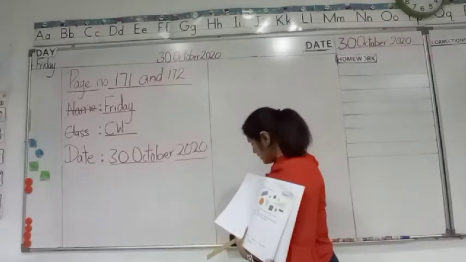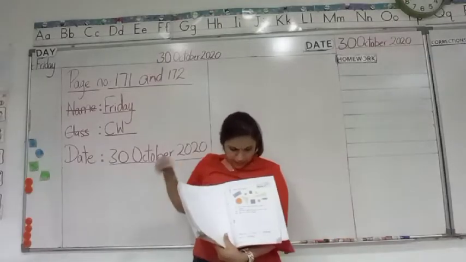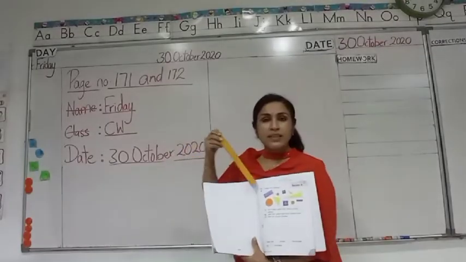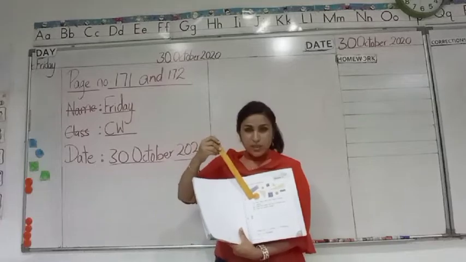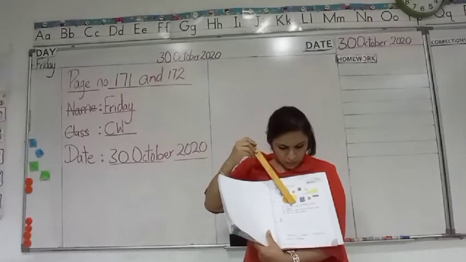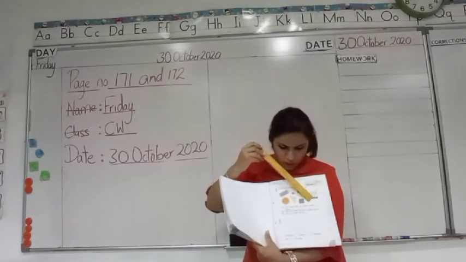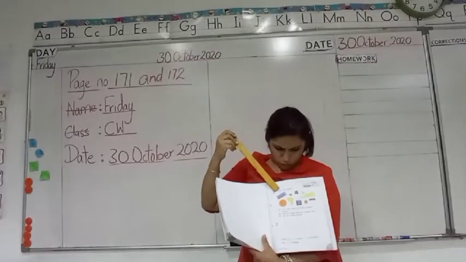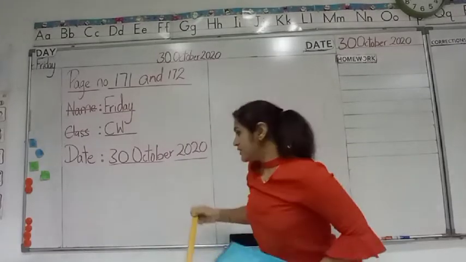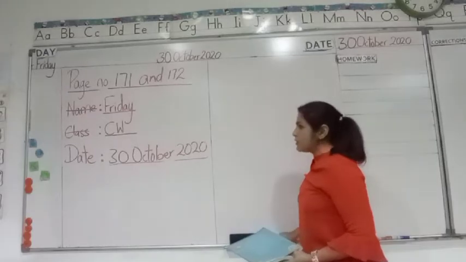Let's begin the lesson. It's very simple. They say color the shapes. The topic is color the shapes. Instruction, letter A. With 3 sides and 3 corners, yellow. Okay, you have to color the shapes with 3 sides and 3 corners.